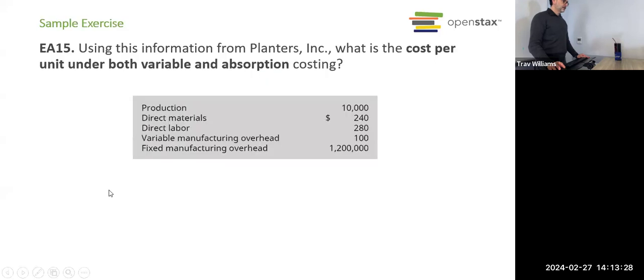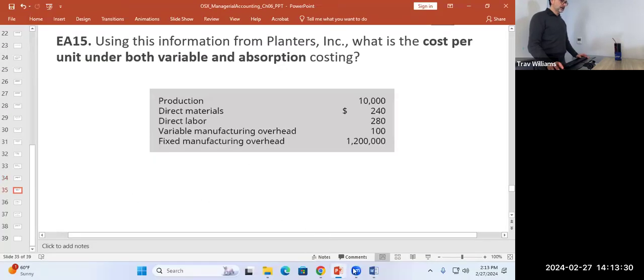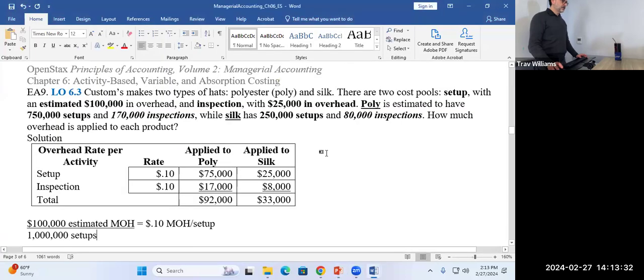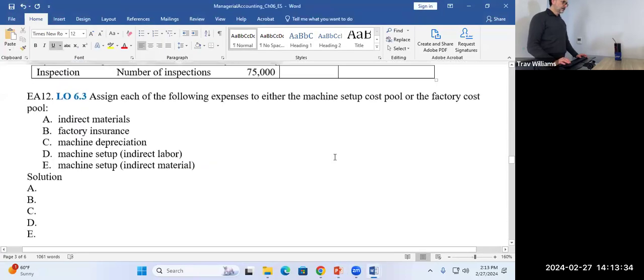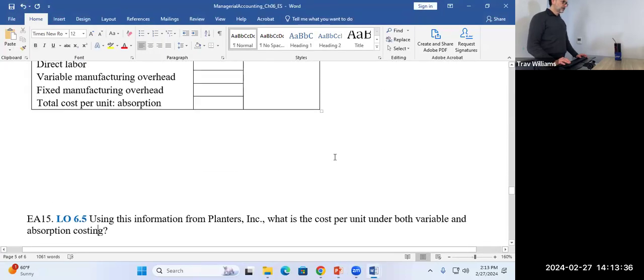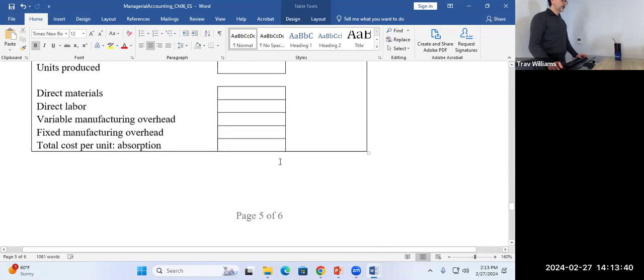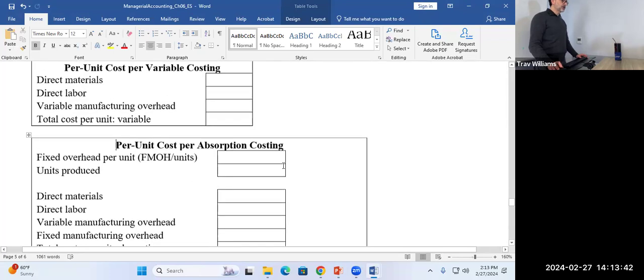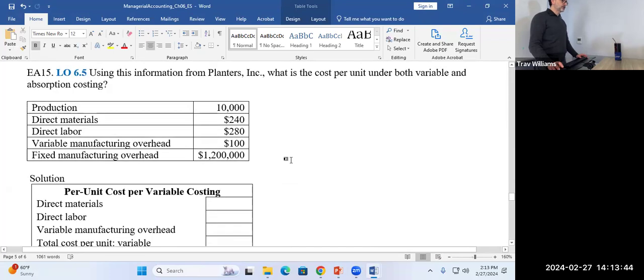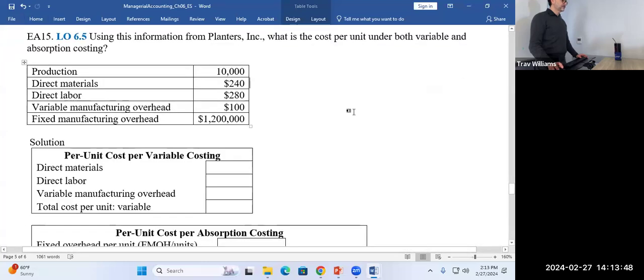All right then. Ooh, another exercise. Okay, I'll stay right here, and let's go to 15. Okay, so this is going to be similar to what we just did because we are doing per unit costing, variable and absorption. Starting with variable.